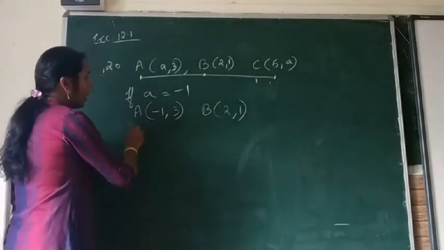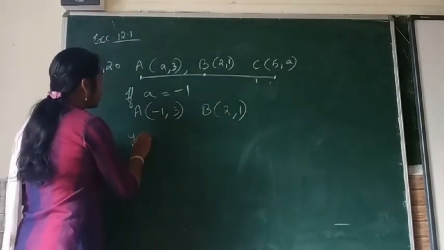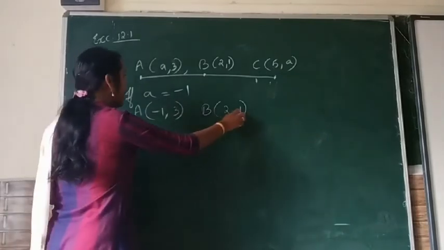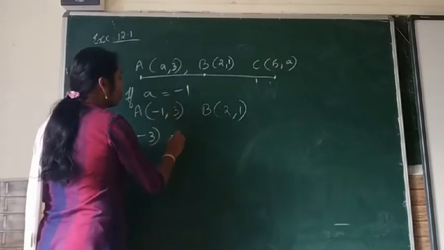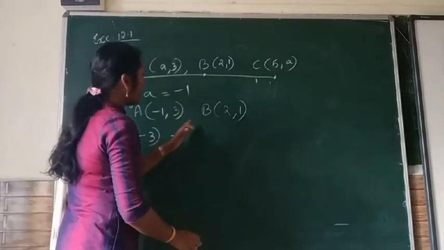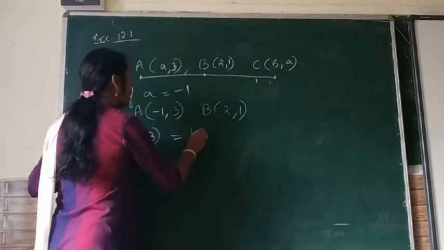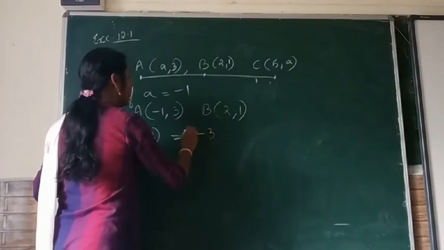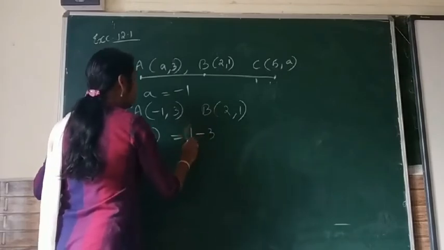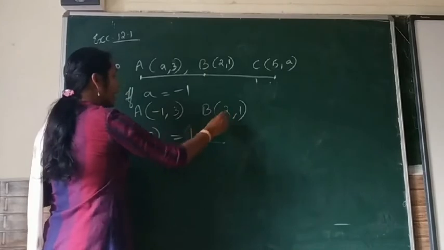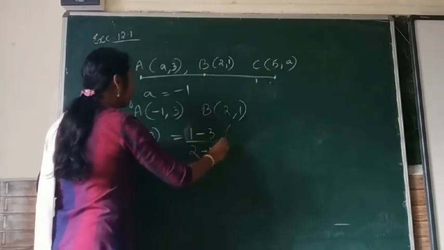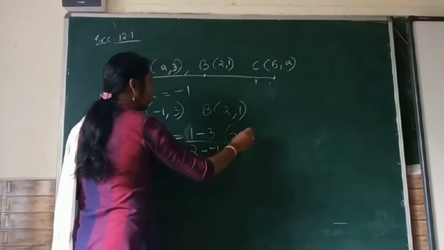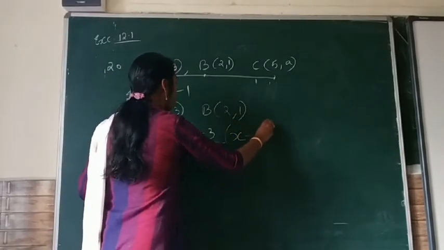So by applying the 2-point form, we get the equation like this: y minus 3 equal to y2 minus y1, that is 1 minus 3, divided by x2 minus x1, that is 2 minus minus 1, into x minus x1, that is x minus minus 1.